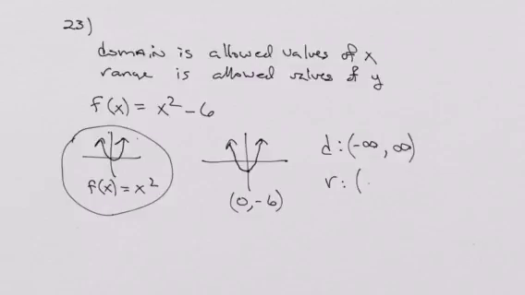So our range goes from negative 6 all the way up to positive infinity, because y can get bigger and bigger as we let x get more positive or more negative. So the range is from negative 6 to positive infinity. That is problem 23.